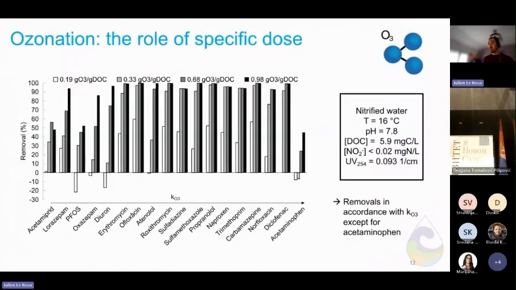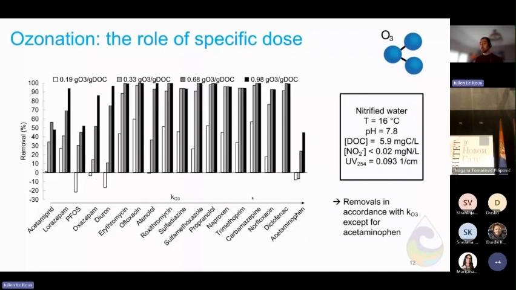We started working on the same molecules and tried to check the different specific doses of ozone that should be used to remove the molecules. So we found out that there was a good accordance of our results with the reactivity constants that were available in the literature.